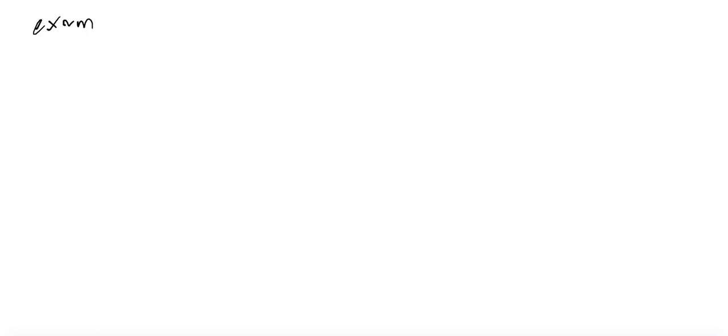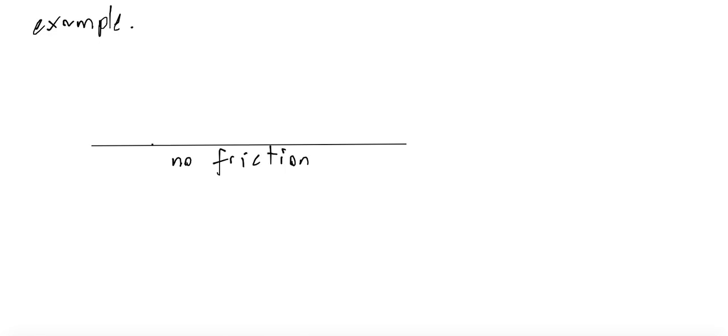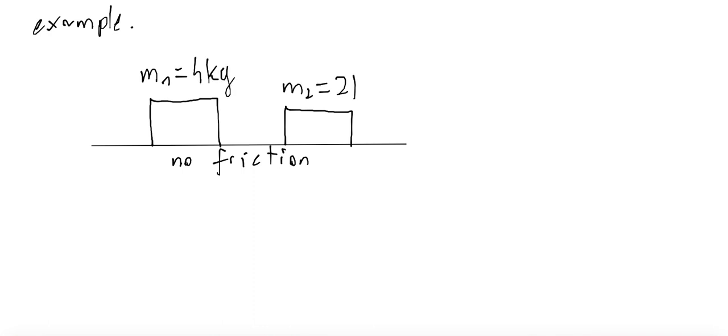Okay, so next example. Let's imagine that you have a flat horizontal surface which is frictionless, and on the surface you have two objects connected by a string. The first one has mass, let's say 4 kilograms, and the second one, let's say, mass 2 kilograms.